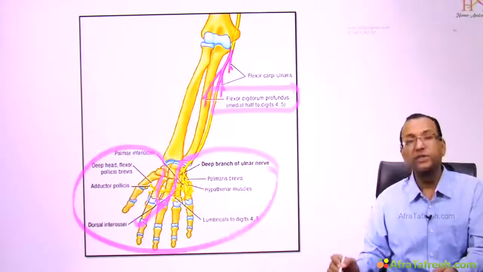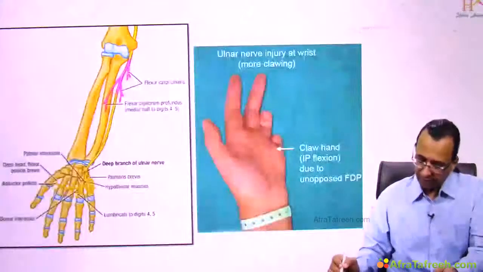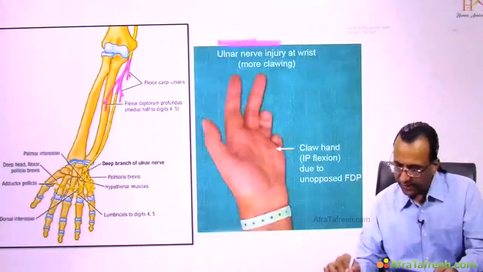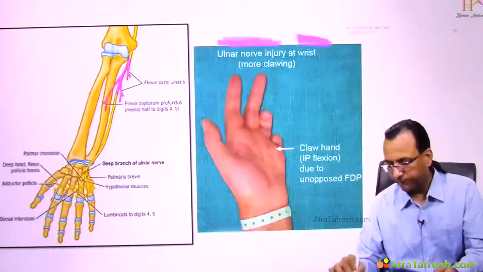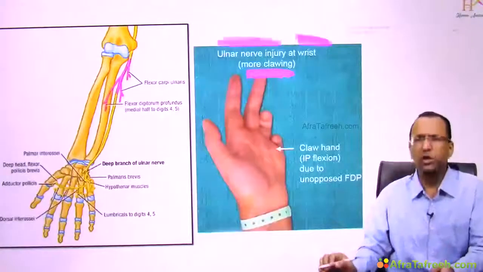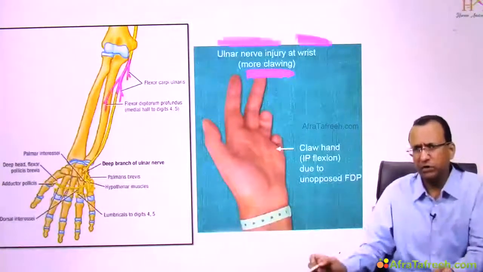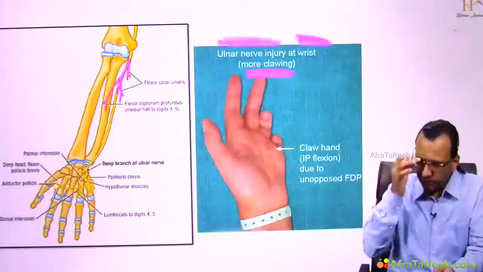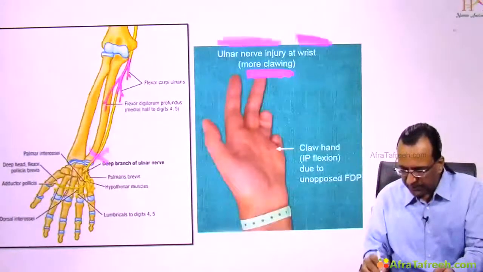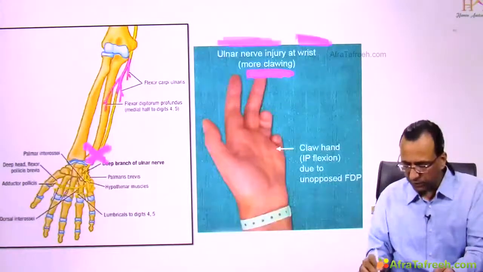I understand. See, if I have an ulnar nerve injury at the wrist, there is more clawing, more problem. You want to say a lower level lesion is giving more problem? Yes. Paradox? Yes. Why? Because if the ulnar nerve is damaged at a lower level, the lumbrical interossei are gone.